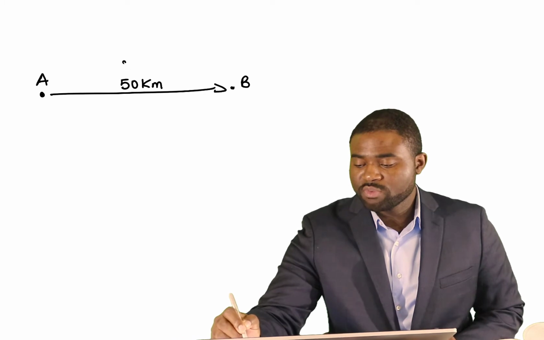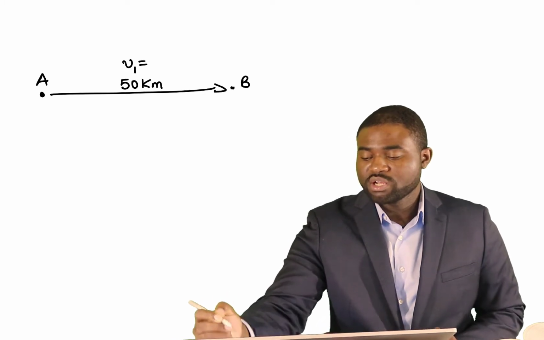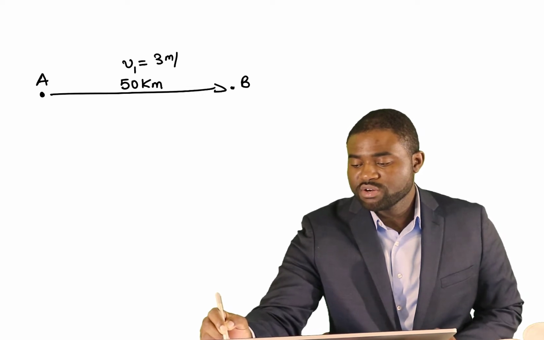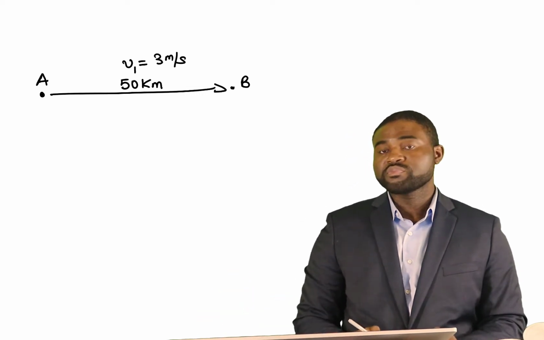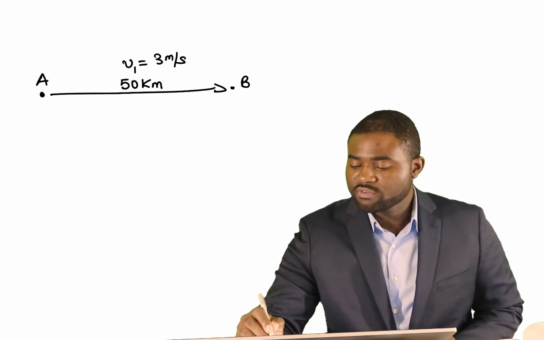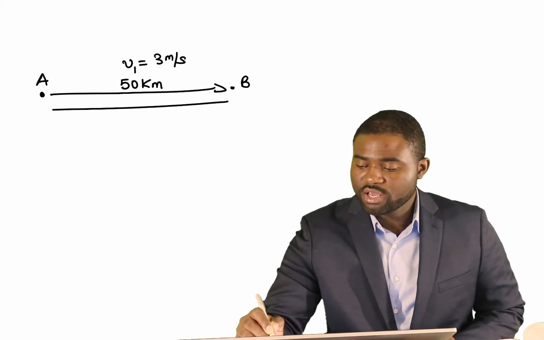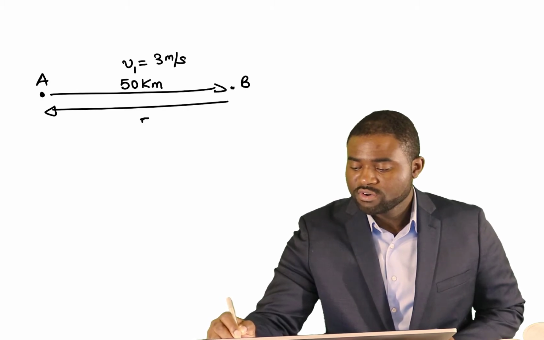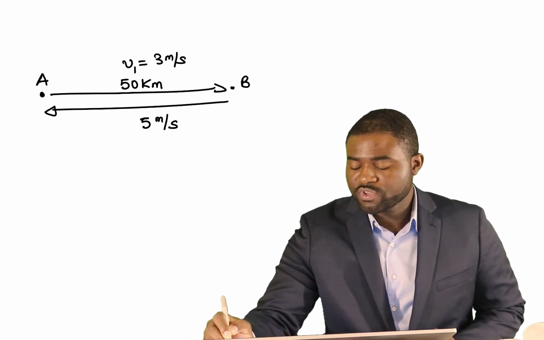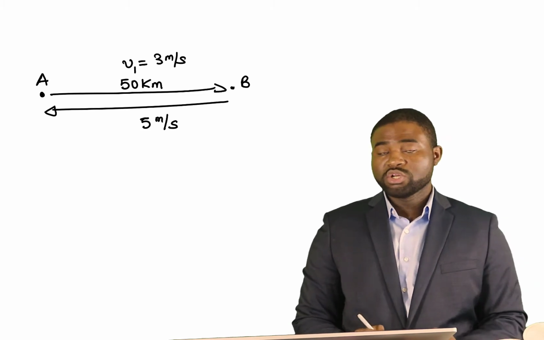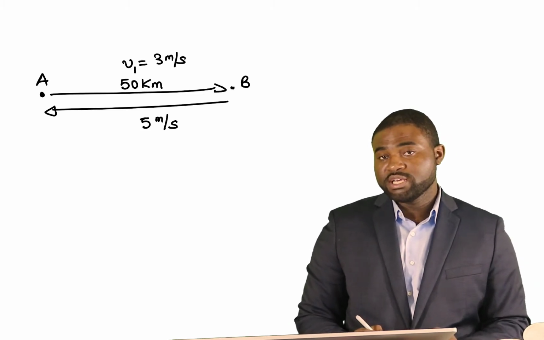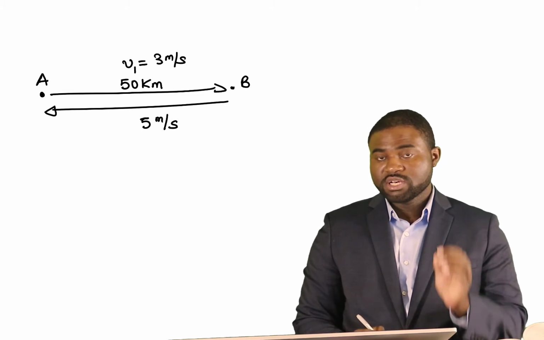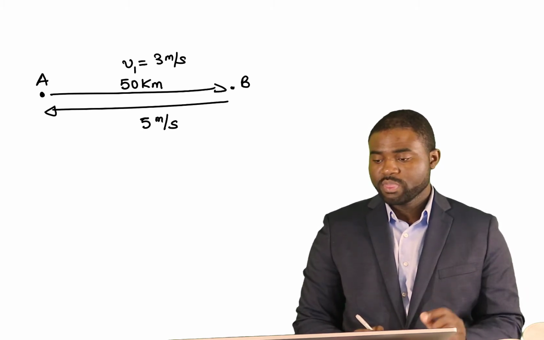He walks from A to B with a speed of, let's say, 3 meters per second. And then he walks back from B to A with a speed of, let's say, 5 meters per second. So the question would be, what is his average speed and what is his average velocity?